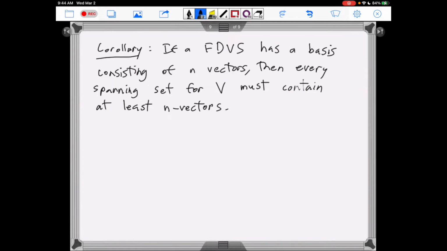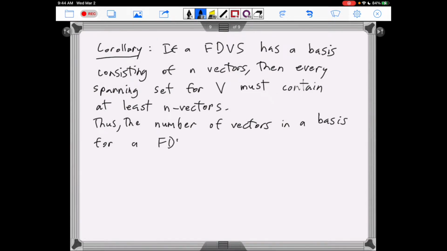Okay. Thus, the number of vectors in a basis for a finite dimensional vector space is fixed for V.